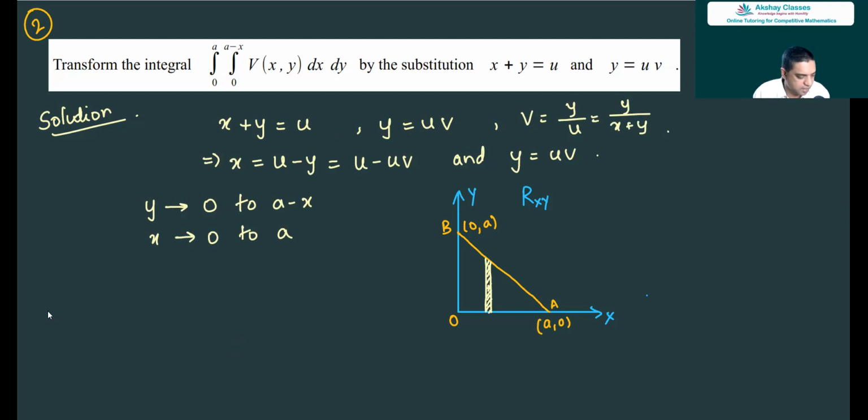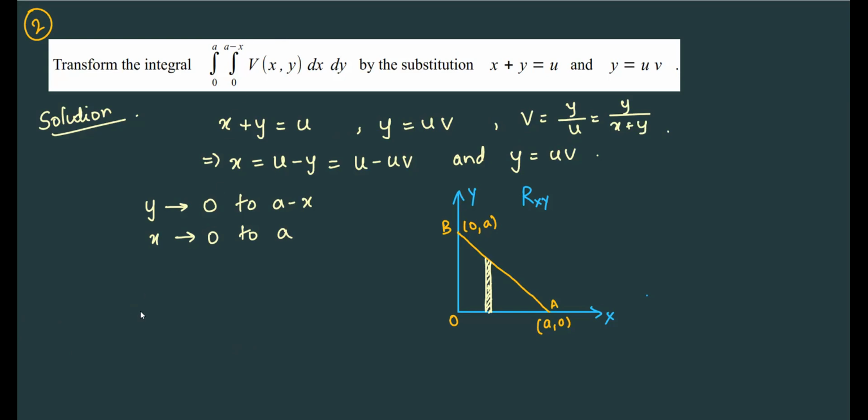Now let us apply the integral. First, let us find out the Jacobian. The Jacobian J is the partial of x, y with respect to u, v.